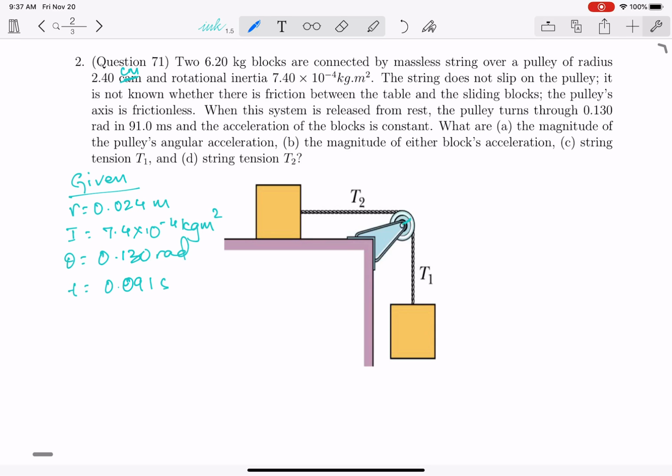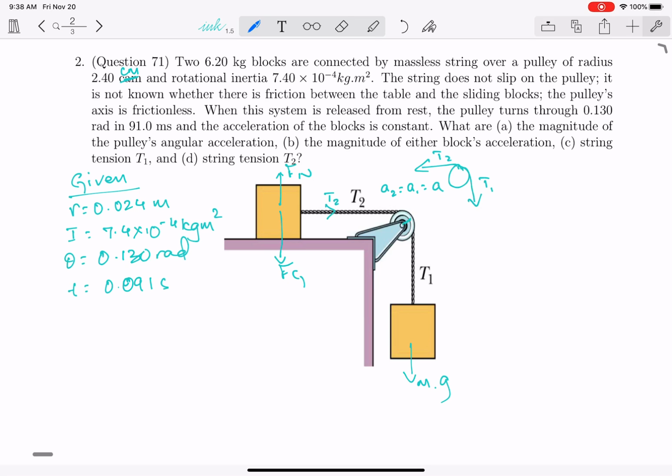So let's draw a free body diagram. Normal force, gravity force, and tension. If you're just looking at the block, tension would be in that direction. If you are looking at the pulley itself, T2, T1. Both blocks will be accelerating in the same direction, so A1 equals A, that's the magnitude.